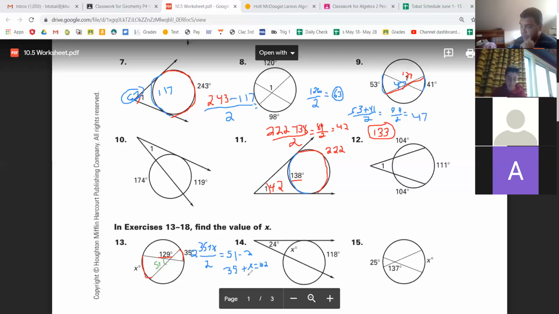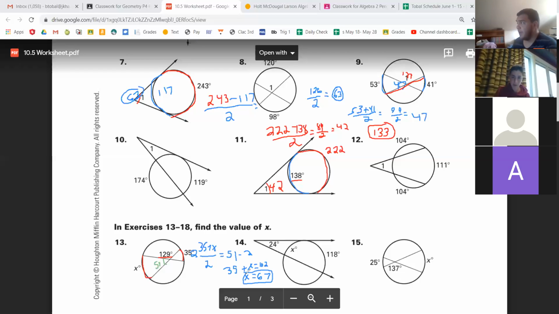Minus 35 on both sides. X equals 67. Yeah.